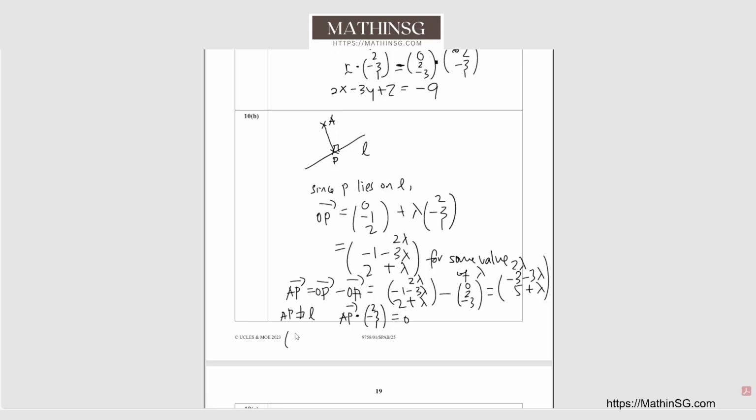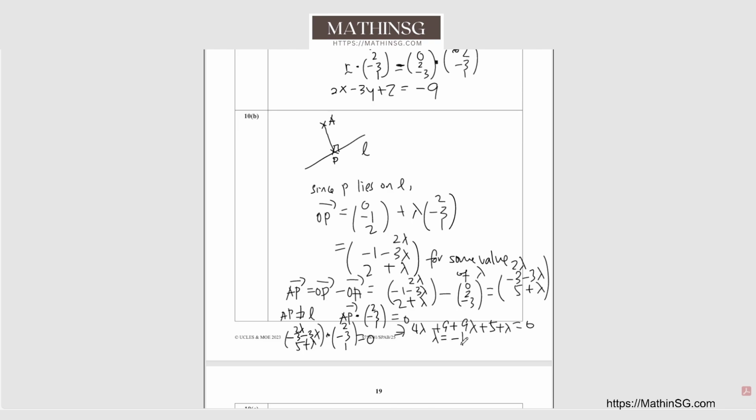So I'm going to do a dot product. Expanding it out, 4 lambda plus 9 lambda plus 5 plus lambda equals 0. Solving for lambda gives me negative 1.